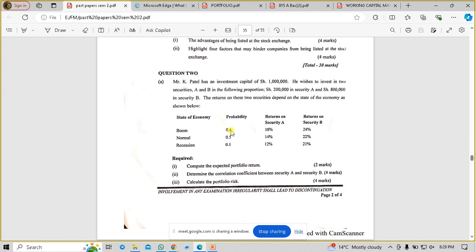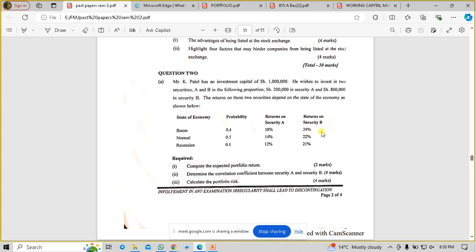So for expected return, just say 0.4 times 18%. So you can just do your calculations here. Then 0.5 times 14%. Then 0.1 times 12%.